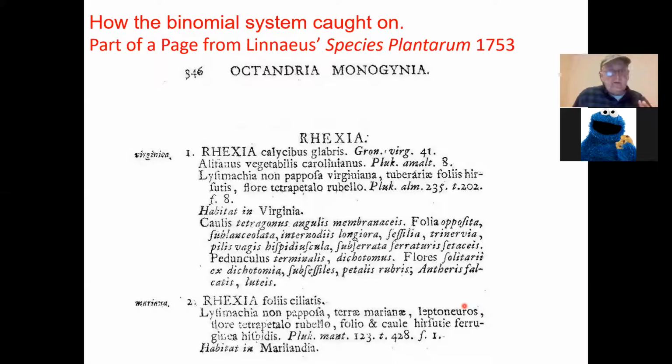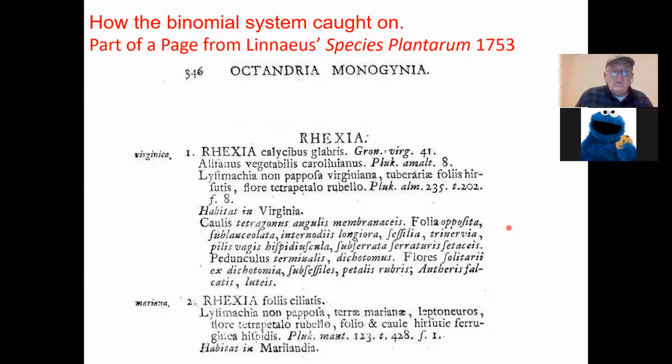This slide is trying to tell you how the binomial system came about. Back in the early 1600s, Gaspard Bauhin, a Swiss botanist, was the first to use the binomial system. But it didn't catch on until 1753 when Linnaeus published a book called Species Plantarum, Species of Plants. And it caught on by accident.